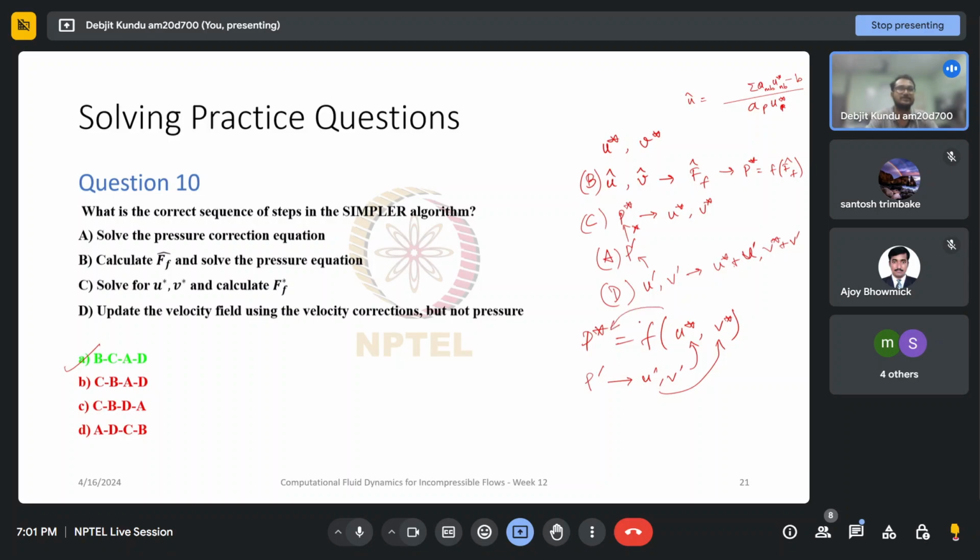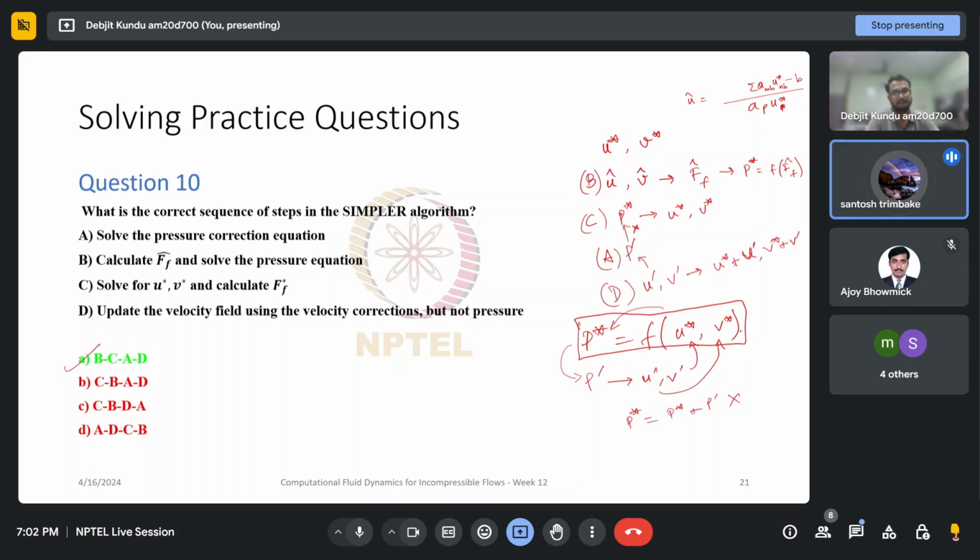So this is the sequence. But P star is never corrected as P star plus P prime. This is not done. And this is the prime difference between SIMPLE and SIMPLER algorithm. This equation does not exist in the SIMPLE method, but in the SIMPLER method it does.